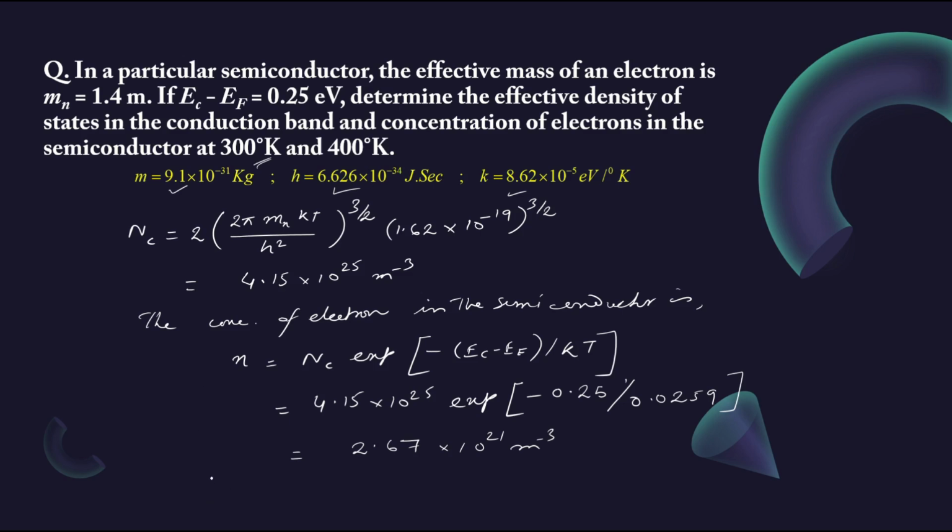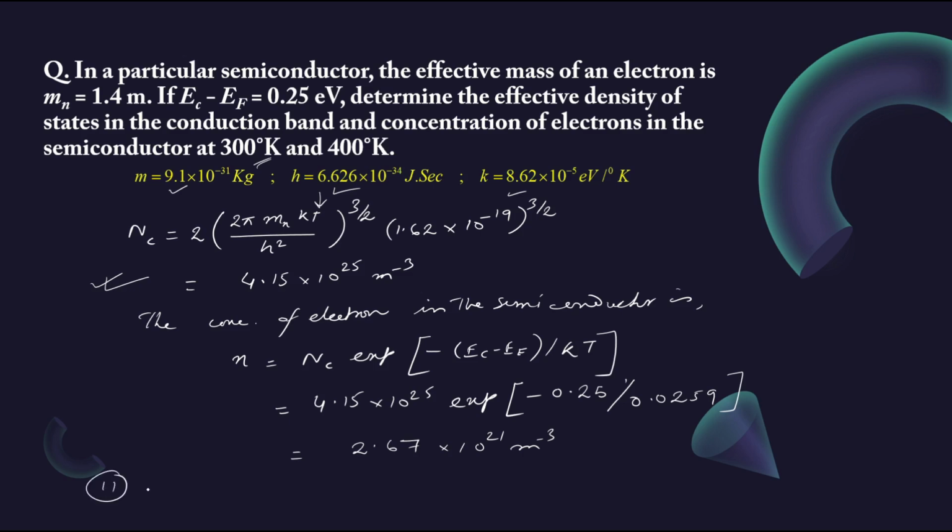Now moving forward, for 400 degree Kelvin, we have to determine the value of Nc like this. The value of T here initially was 300 degree Kelvin, so now we'll put the value of T as 400 degree Kelvin.